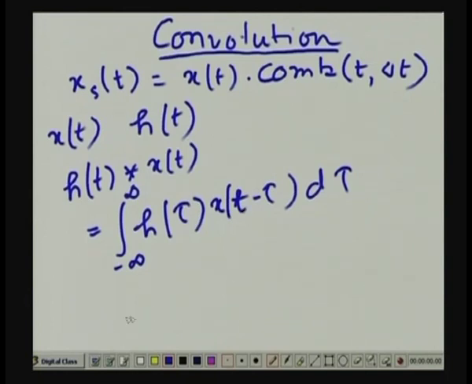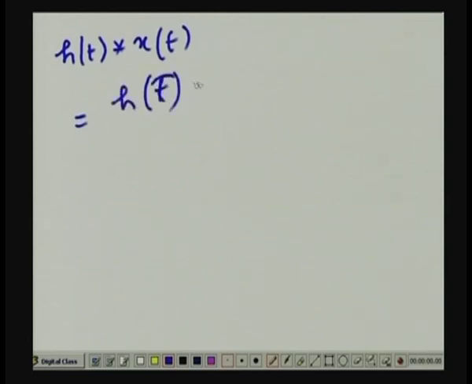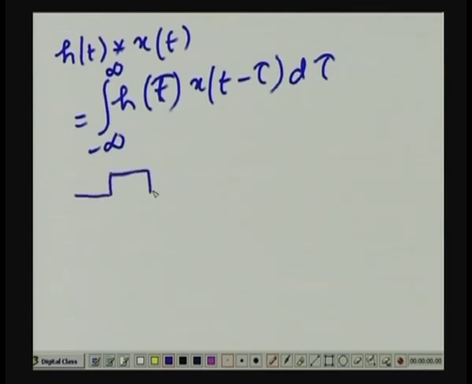So, if I have two signals of this form, say h t is represented like this, and we have a signal say x t which is represented like this. Then what you have to do is, as our expression says, the convolution of h t and x t is nothing but h tau x t minus tau d tau, integration over minus infinity to infinity, and h t is like this and x t is like this.